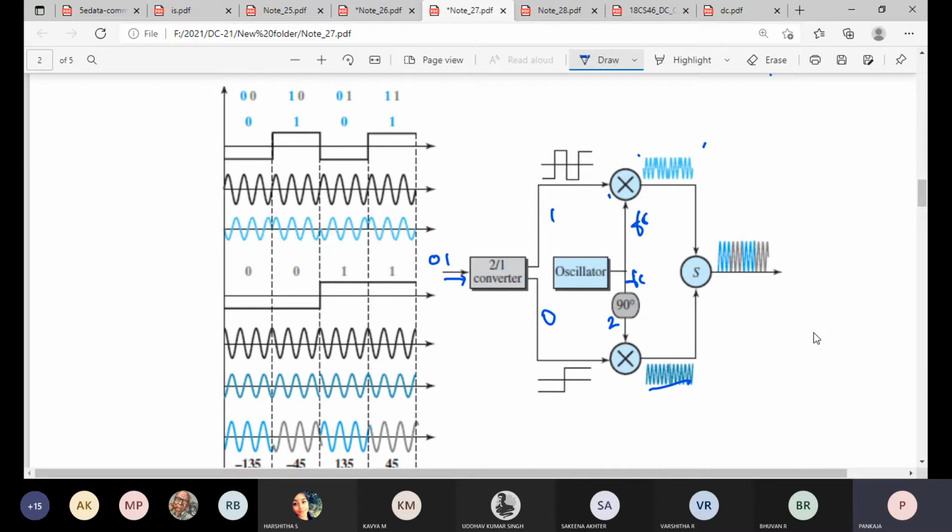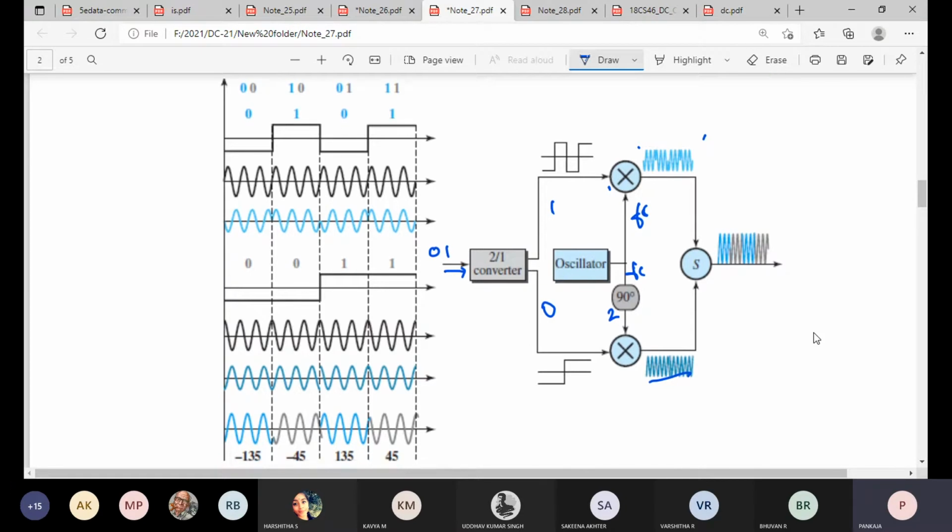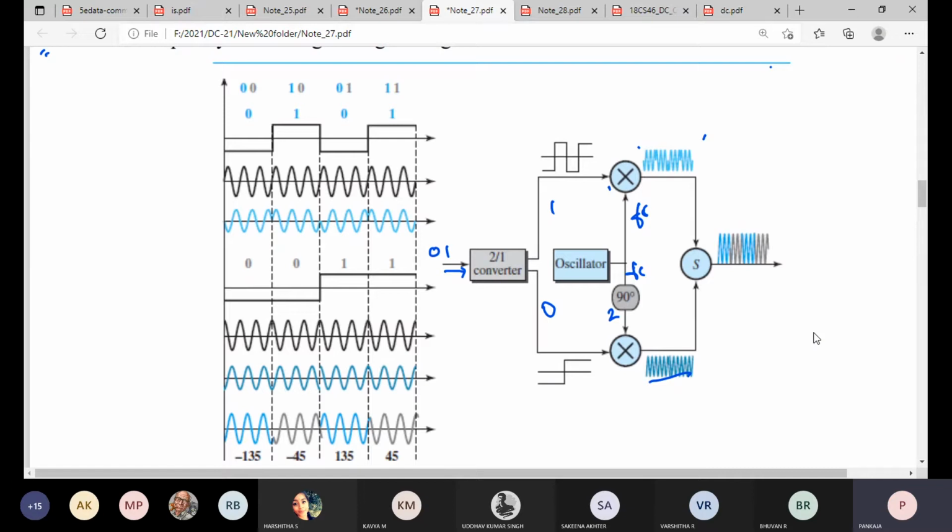That is in the case of binary PSK. So now we'll focus on how it is done for QPSK. Just observe, so this is 0 0 1 0 0 1 1 1.